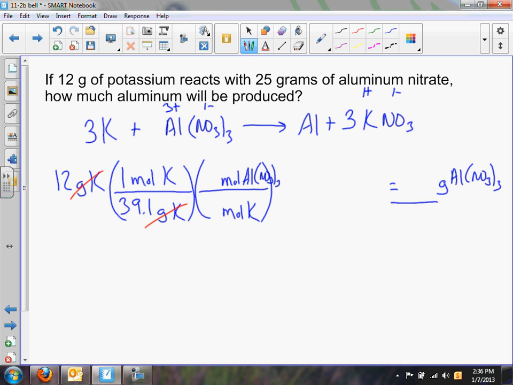From my balanced equation, it looks like there's 1 aluminum nitrate for every 3 potassiums. My moles of potassium cancel out, and now I can change my moles of aluminum nitrate into grams of aluminum nitrate.